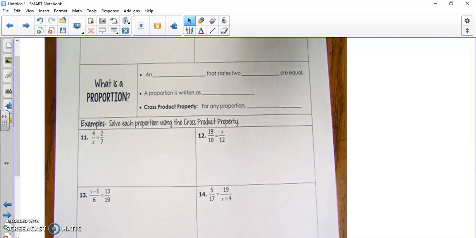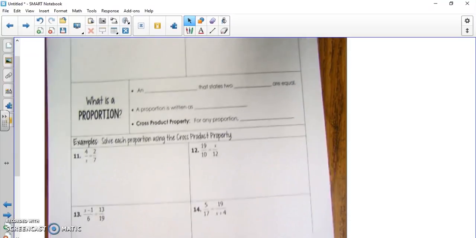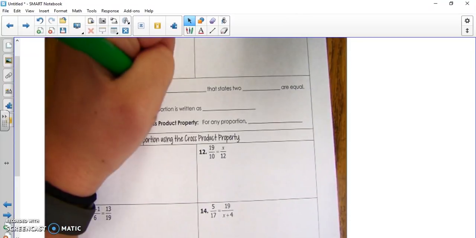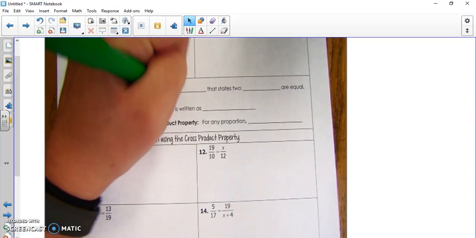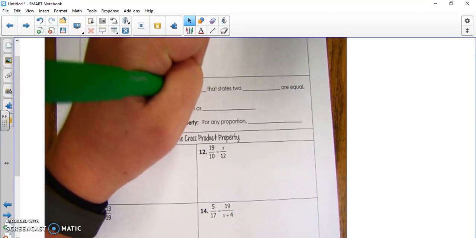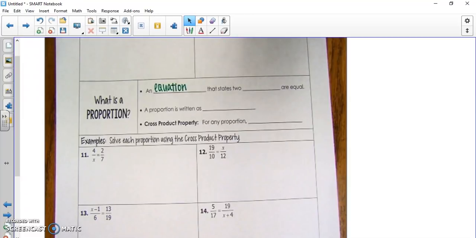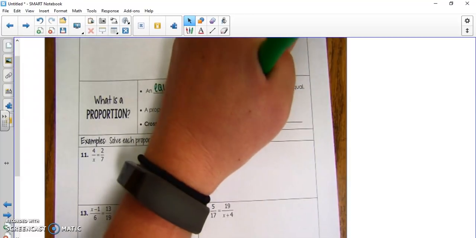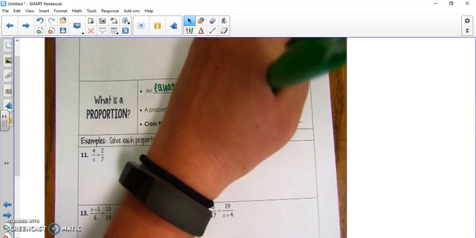So again, this should be a review for you. So, what is a proportion? An equation that states 2 ratios are equal.